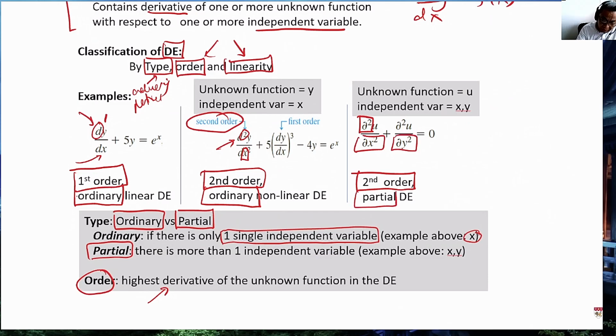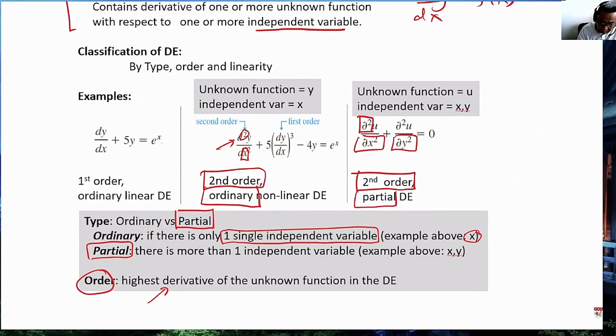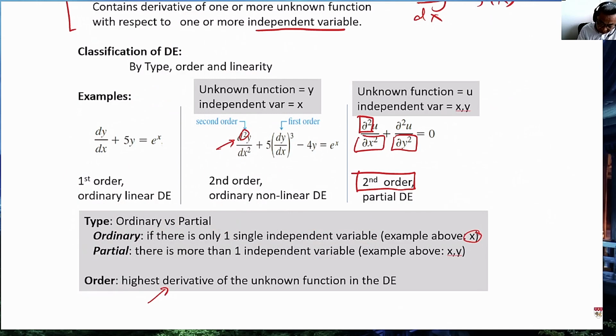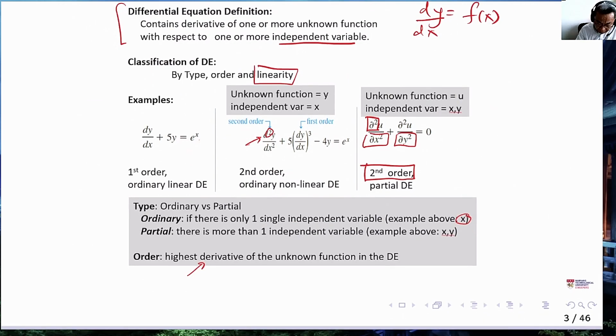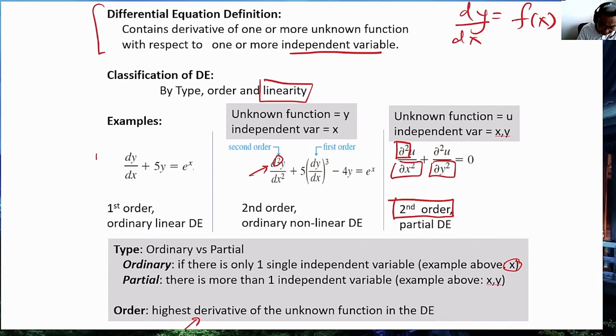Alright, with that, now we can come to the last terminology, which is linearity. We'll reserve linearity for the next page. But in brief, it is this term associated with the derivative that will determine whether the equation is linear or not linear.